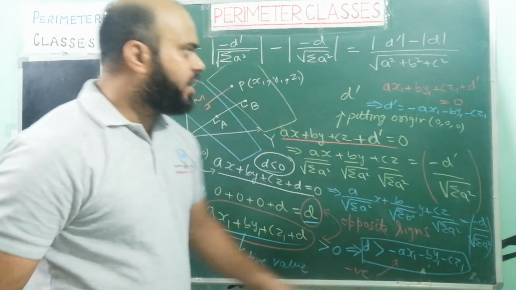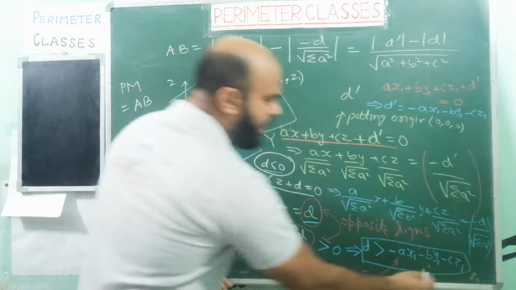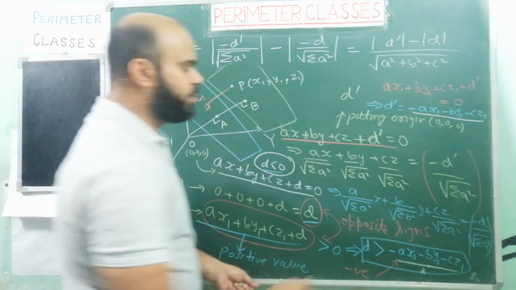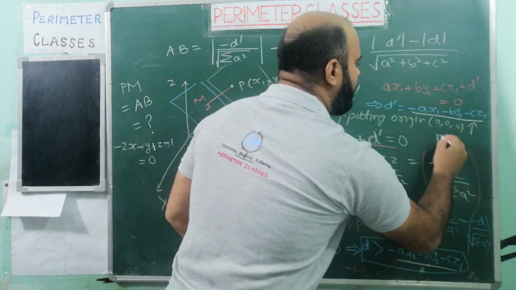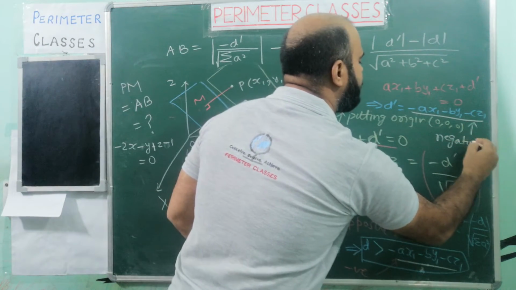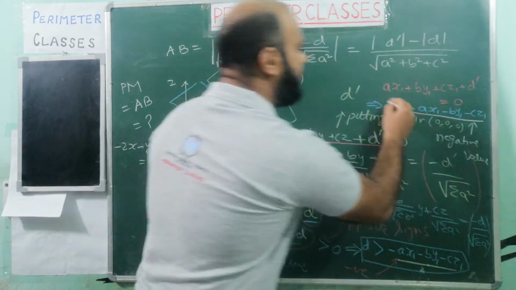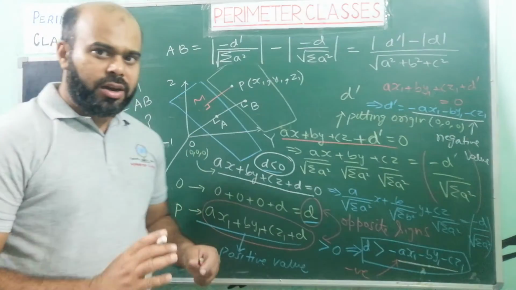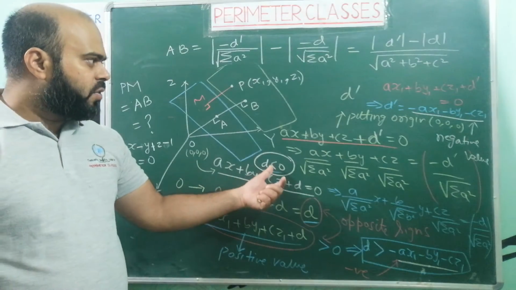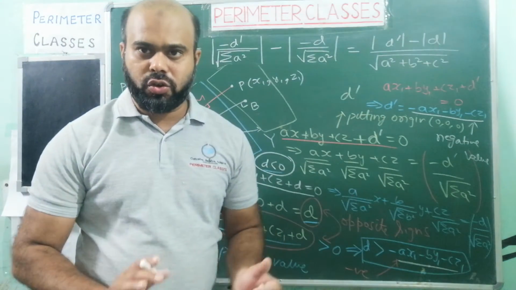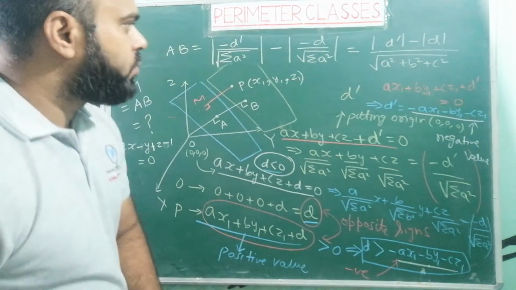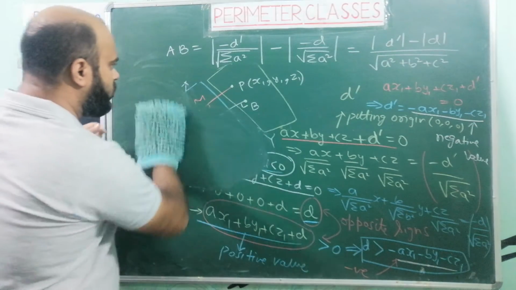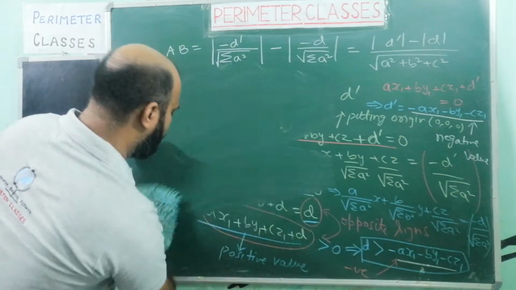So this value is negative, and it is the same as this value, which means that d dash is actually a negative value. So what we have here is that d is negative, which means d dash is also negative. Both are negative. So let me erase this portion now, because there is a lot of confusion here.